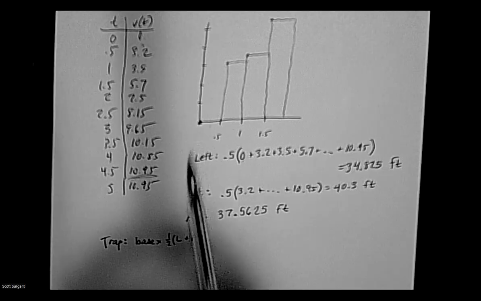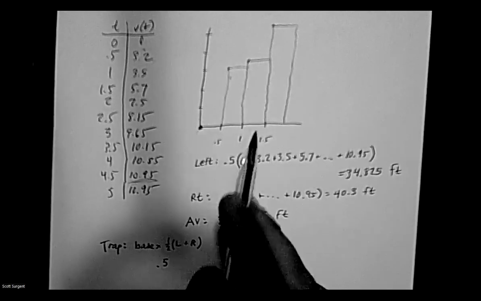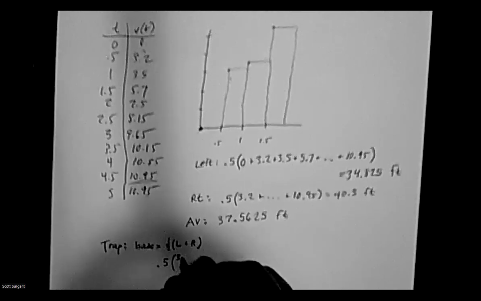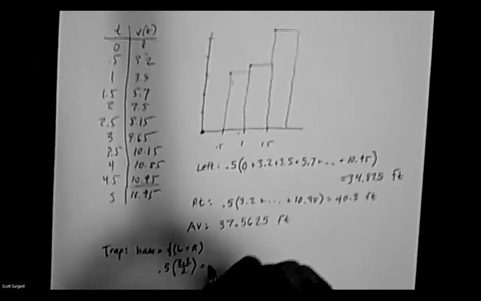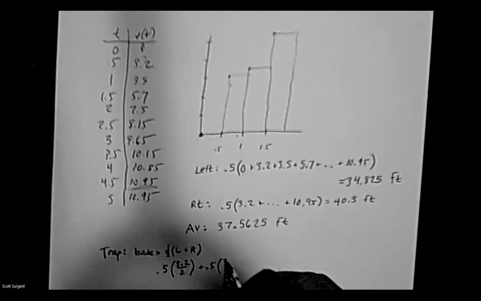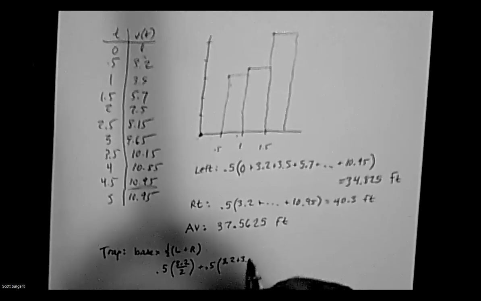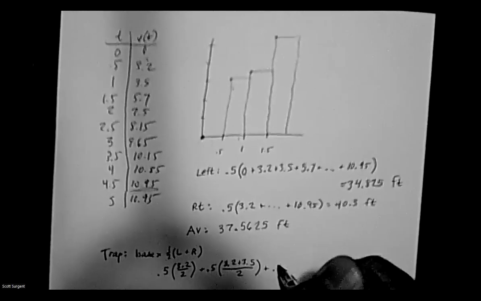So for example, for this one right here, it'd be first 0.5, and then the average of 0 and 3.2, so 3.2 over 2. For the second interval, it'll be 0.5, then the average of 3.2 and 3.5. And you just basically do that all the way to the end.